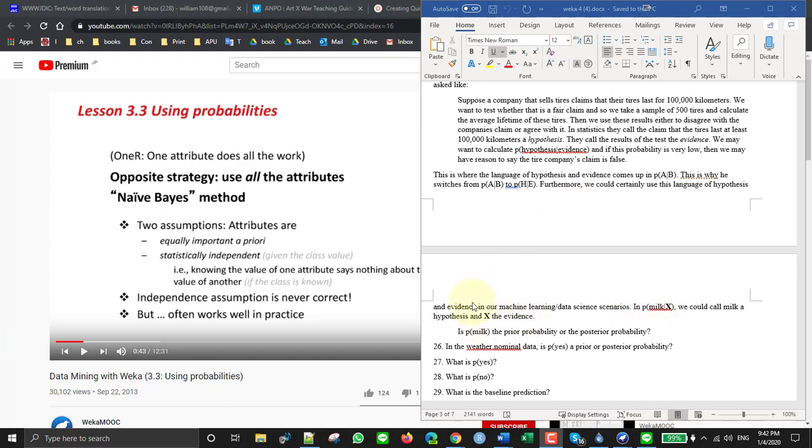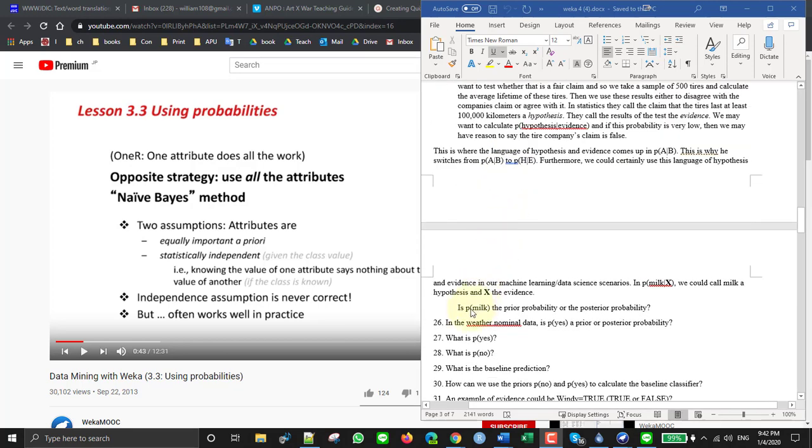Okay, so after that rather long explanation, the question here is: is the probability of milk what we call the prior probability or the posterior probability? In class, we talked about this, and it's also available in the slides. The word posterior means after, I think, in Latin. So after means given some information.